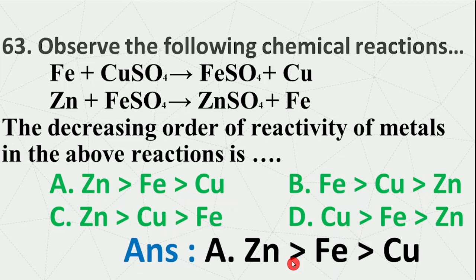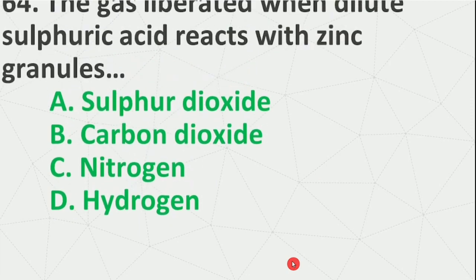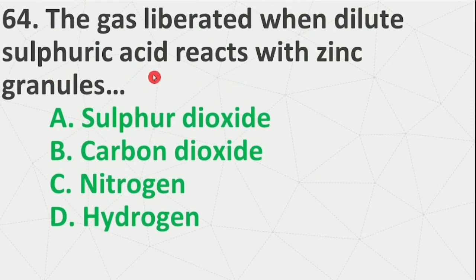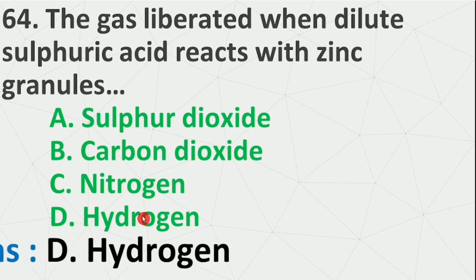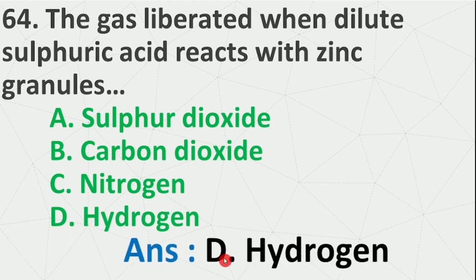Question number 64. The gas liberated when dilute sulfuric acid reacts with zinc granules. When zinc granules react with sulfuric acid, it gives hydrogen. So option D, hydrogen, is the correct answer. Question number 65.